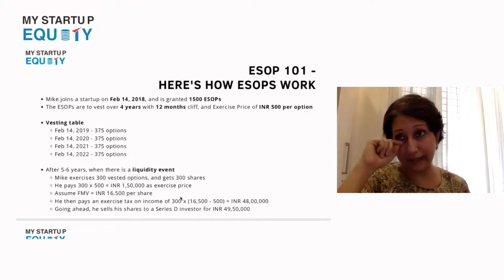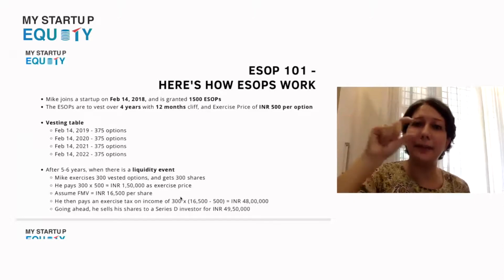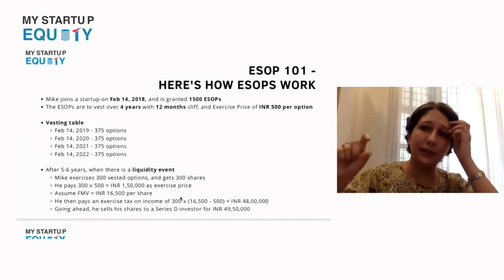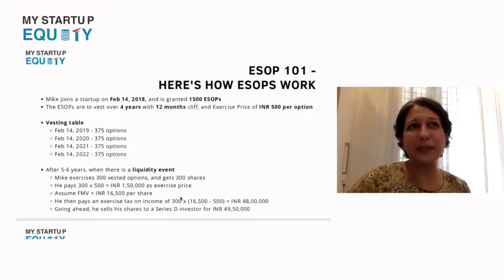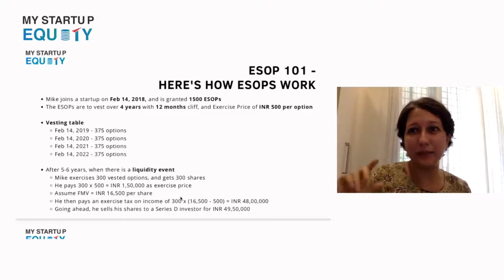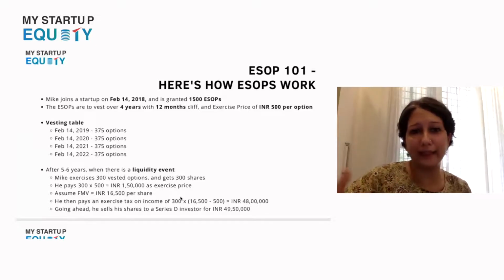So 48 lakhs is what he gets. He has to pay an exercise tax on that, depending on the tax slab that he is in, right? It could typically be a 30% tax slab. So he has to take into account that not only does he have to shell out this money to acquire the shares, but he would also have to pay the exercise tax.